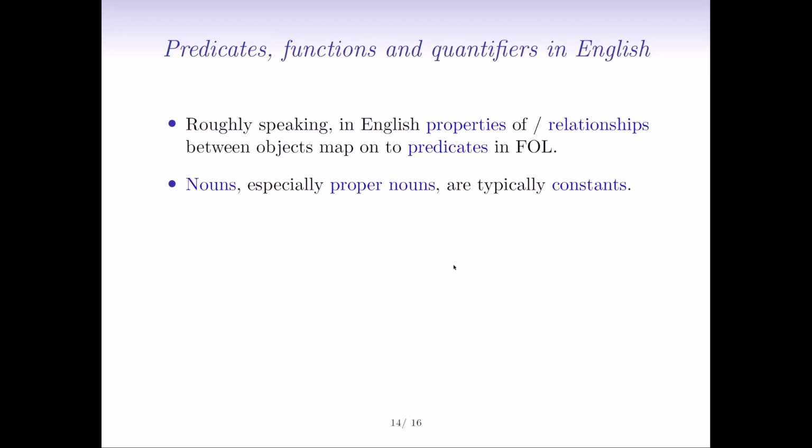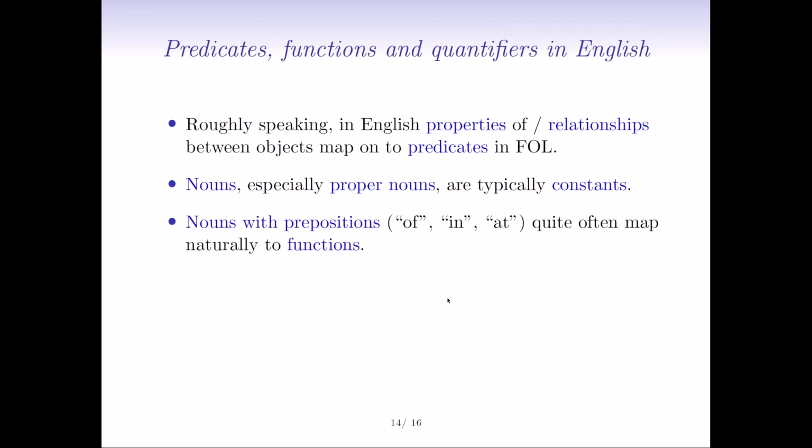Nouns, names for things, and especially proper nouns, such as James or Boris Johnson or my cat Shadow, will typically come out as constants in first-order logic. And nouns with prepositions are quite often rendered as functions. So for example, if I say the sum of x and y, then the sum of will usually be a function, like an addition function.